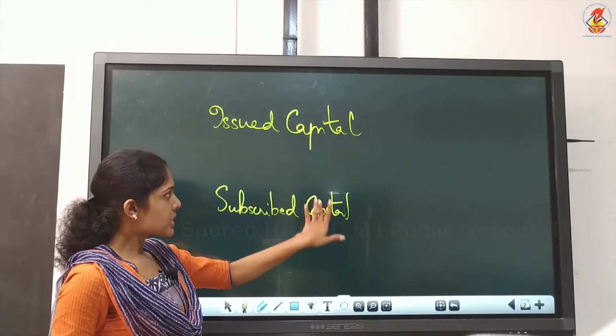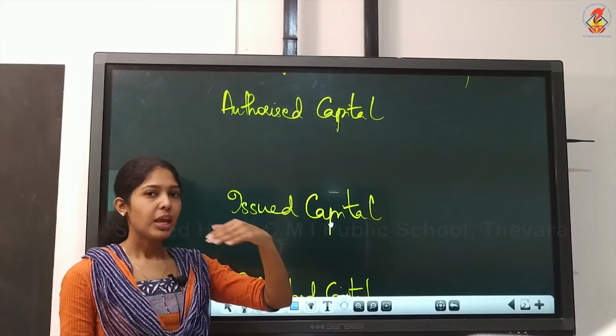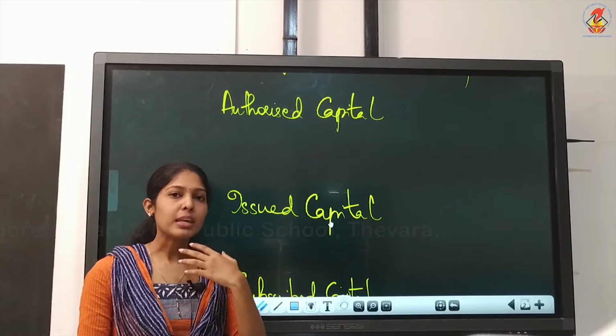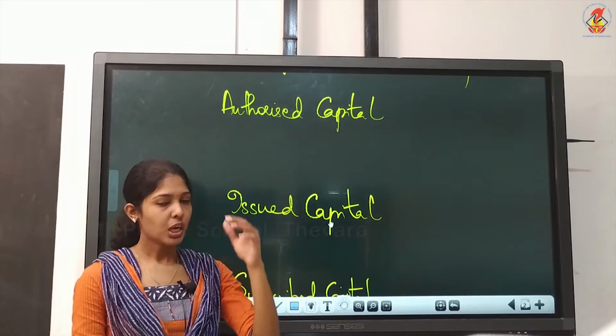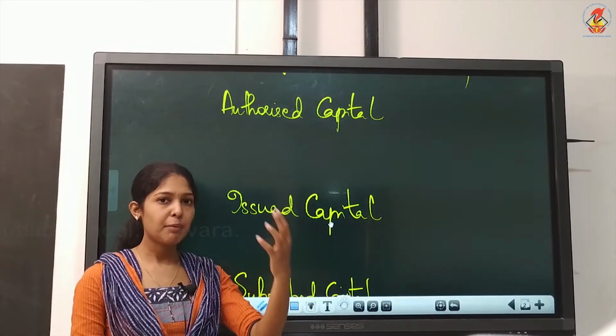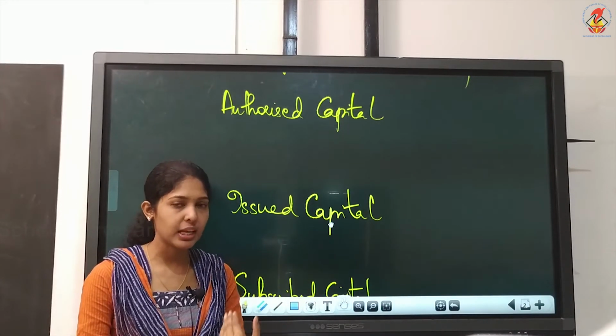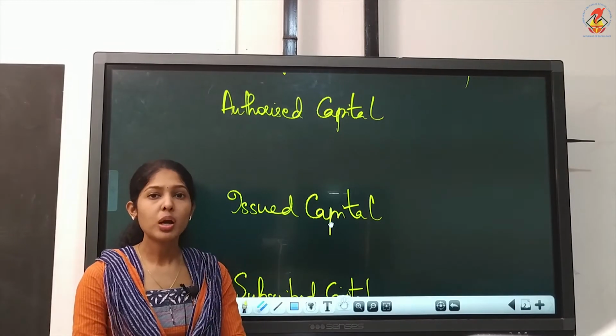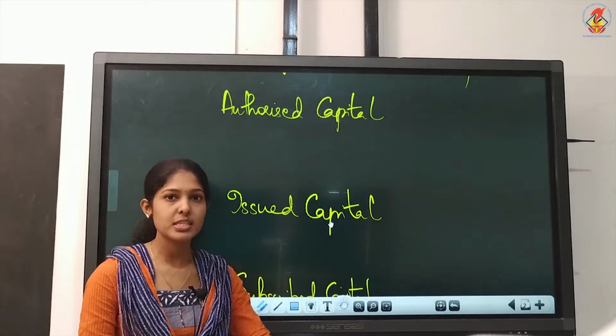Now, authorized capital means the maximum amount of capital that can be raised by the company by issuing shares. But it is not necessary that they should raise this maximum.